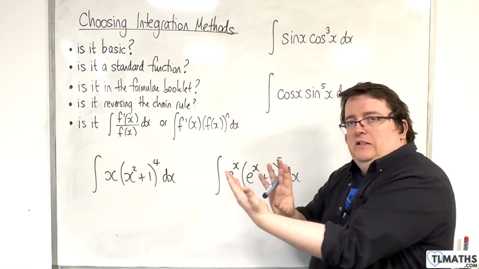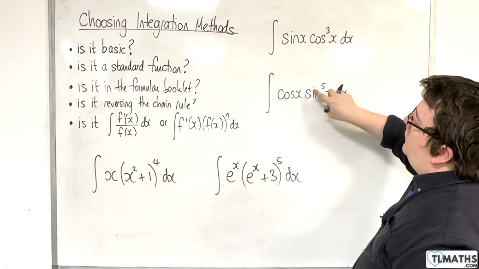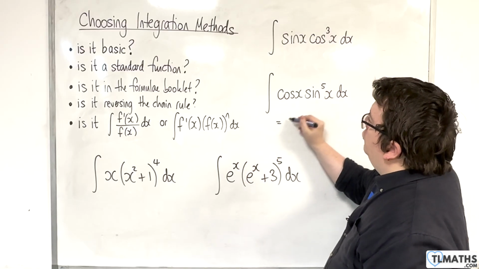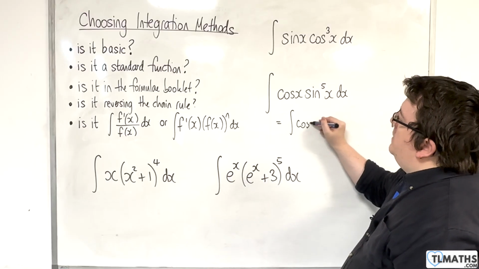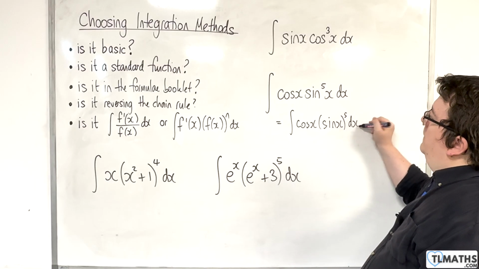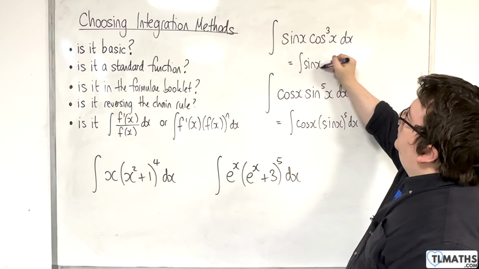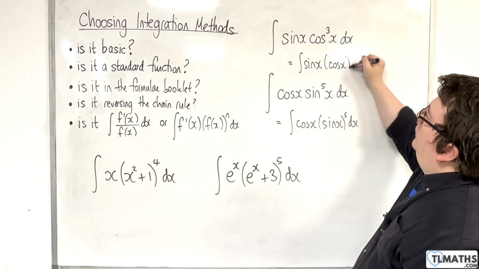The one that is inside a bracket to the power of. So here, this is sine x, so you could write that as the integral of cosine x, sine x to the 5. You could write this one as the integral of sine x, cosine x cubed.